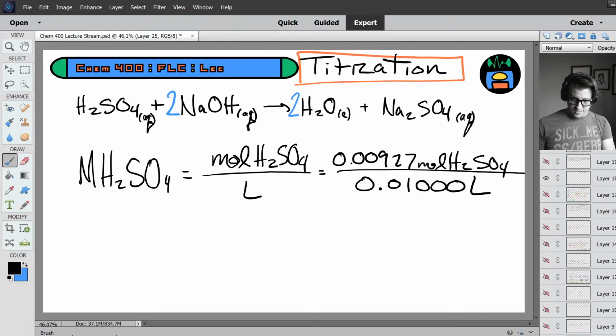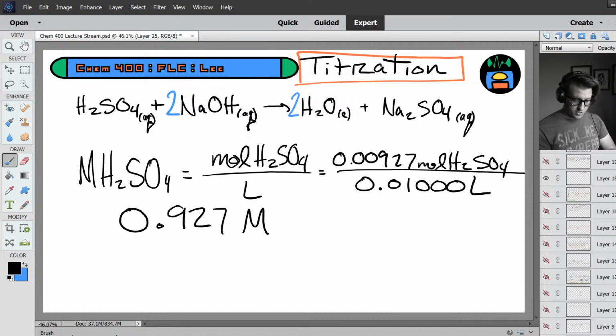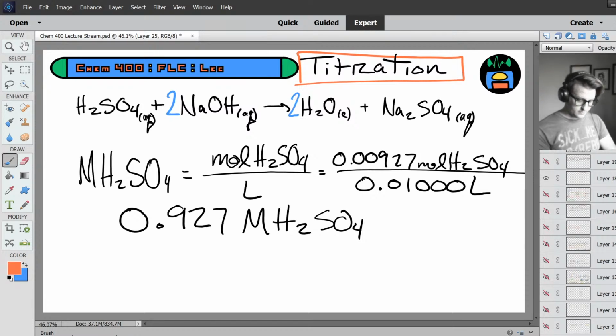So we divide our moles by our volume in liters, and we get 0.927 molar is the concentration of our analyte solution, sulfuric acid.